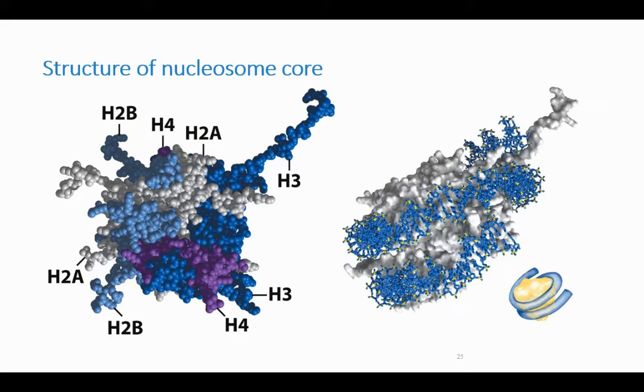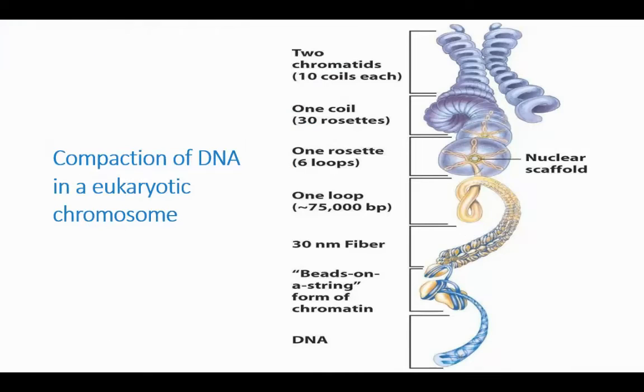Now, if you look at the hierarchy or the compactness of the structure, this is it. So, you have your DNA, right? You have your double helix, and then it forms beads on a string to form the chromatin. Now, your chromatin forms a fiber which forms a coil. Okay?